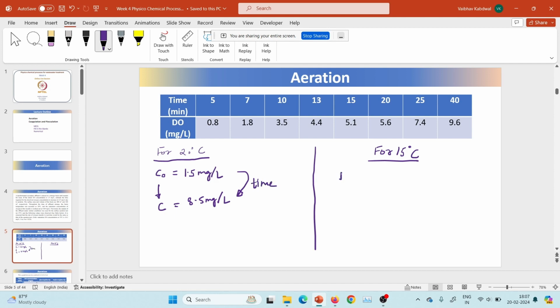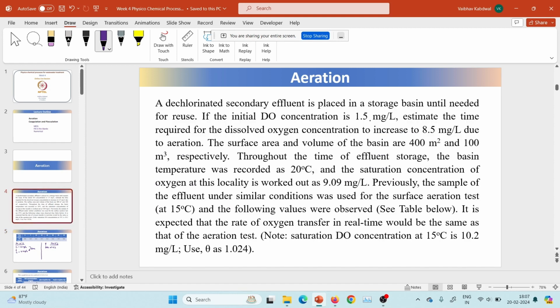But the data given, the above data which is here, is at 15 degrees Celsius. And what else is given? Let's see. 1.5. Okay, we need to increase the DO value till this, due to aeration.